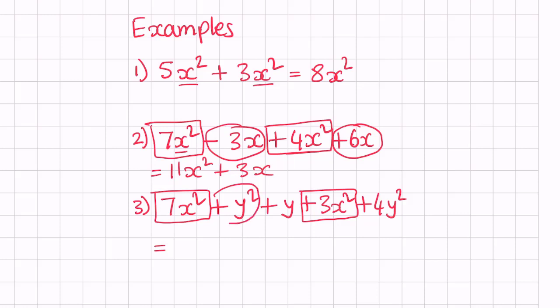Then we have y squared and then plus 4y squared, the same term, and then we have the y term by itself. So 7x squared plus 3x squared, which is 10x squared, and then we have y squared plus 4y squared, which is 5y squared, and then we have the y term by itself, which is just plus y.